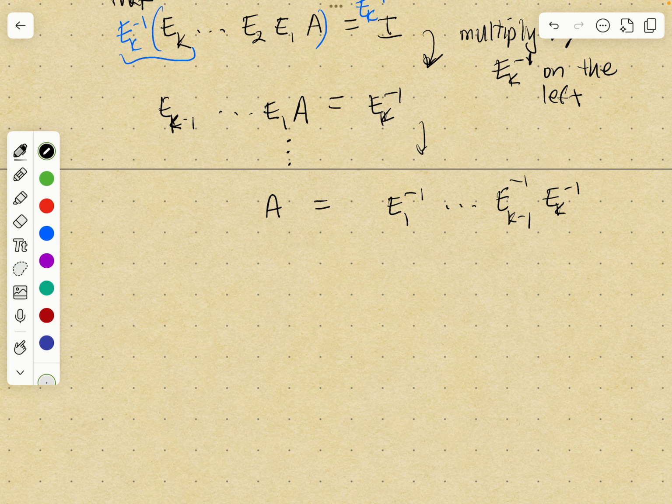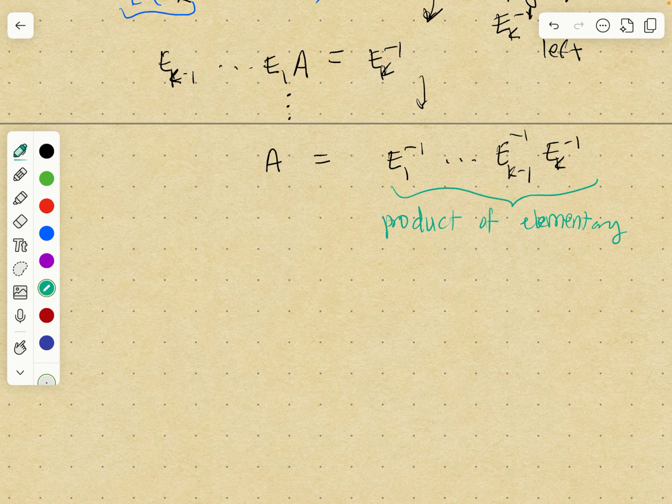And what I've done by doing this is I've written A, our general n by n invertible matrix, as a product of elementary matrices. Because remember, if E_i is an elementary matrix, so is E_i inverse.